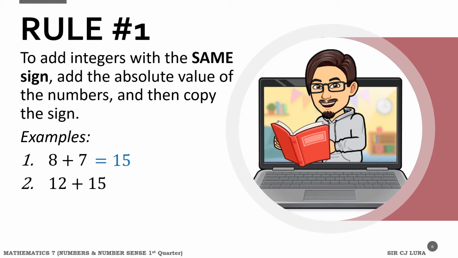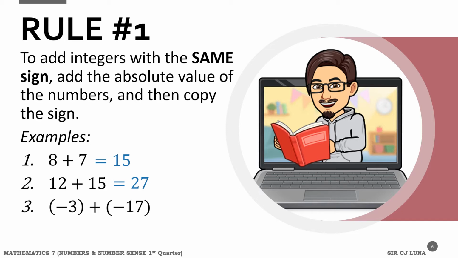How about 12 plus 15? What's the answer? Okay, you're correct. It's positive 27. And if you notice, kapag ang ating integer ay positive, hindi mo na kailangan lagyan ng positive sign. Understood na yon na siya ay positive.